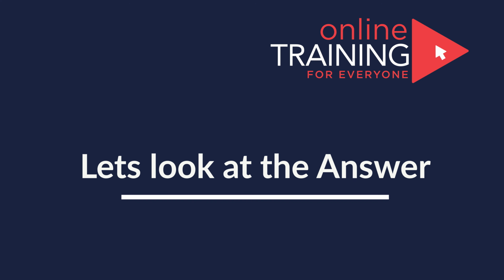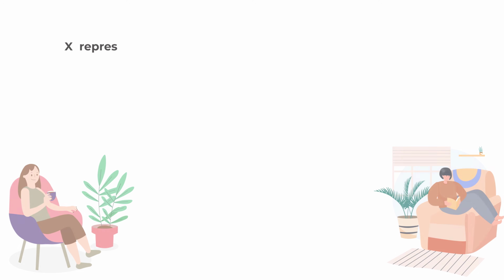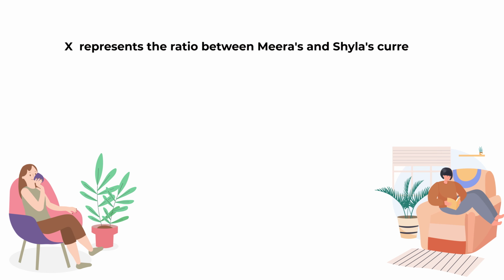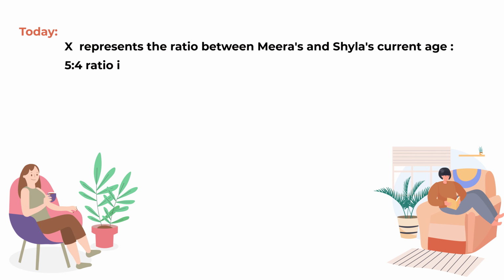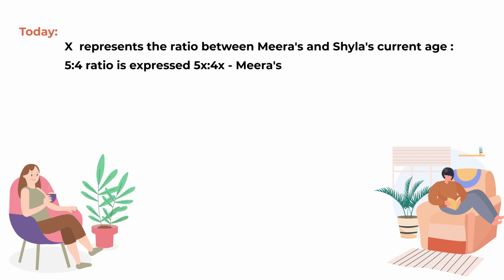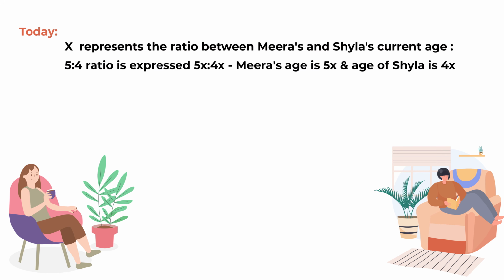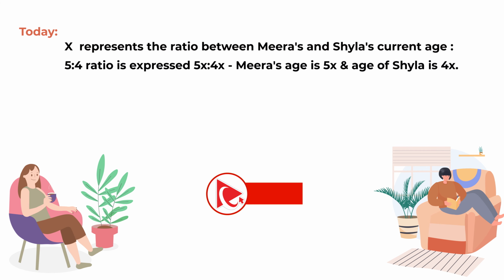To solve it, we need to define a variable x, which would be the ratio between Mira's and Shyla's current age. If that's the case, then the current age of Mira will be 5x, and the current age of Shyla will be 4x, which means that we can build an equation and calculate the ratio of ages after 3 years.